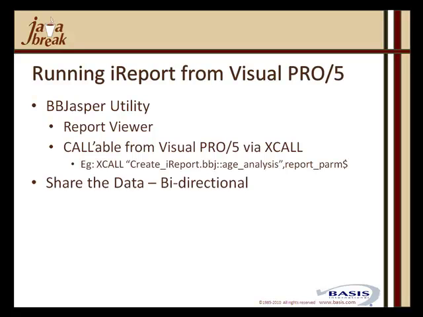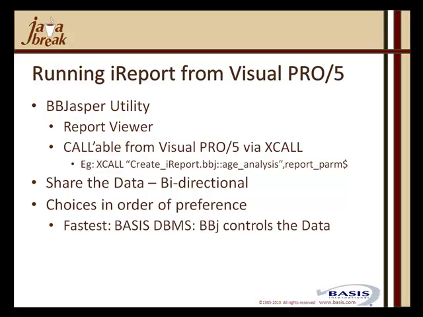We can share the data between the BBJasper utility and our Visual PRO/5 code, and that's bidirectional. Our choices in order of preference: the fastest way is to use the BASIS database management system, where BBj controls the data.